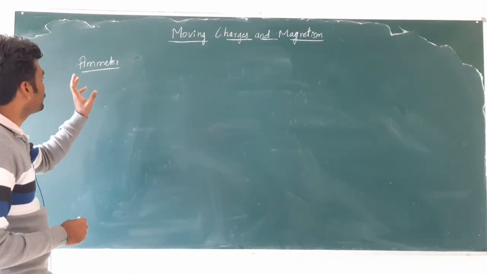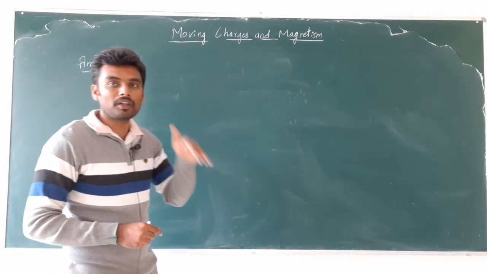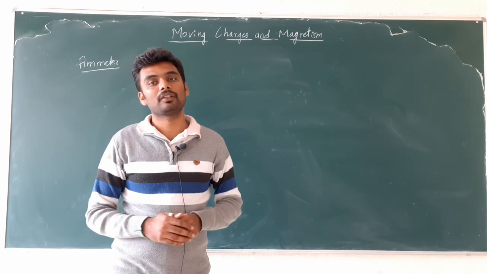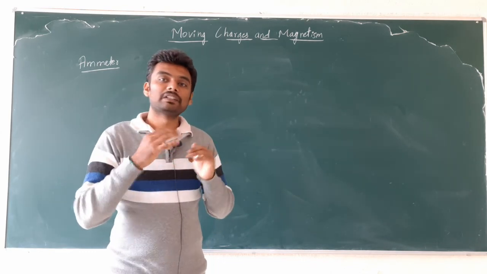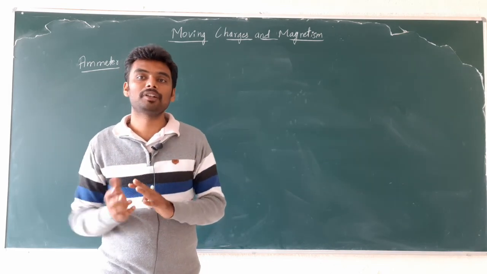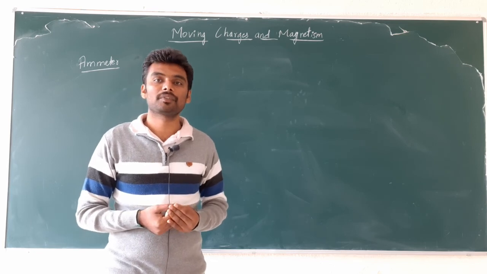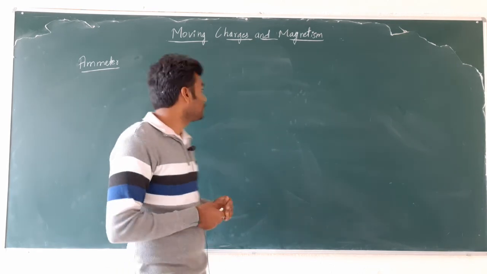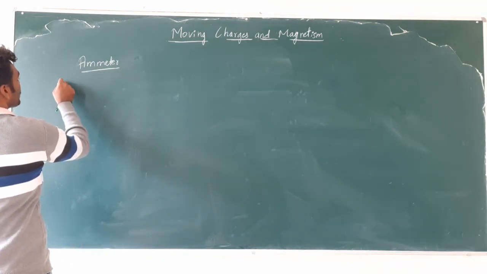The basic idea that we are going to employ here is the galvanometer itself. We will make use of a galvanometer, but we will convert that galvanometer into an ammeter. We will also convert the same galvanometer into a voltmeter, which is used to measure the potential difference. First, we will understand how to convert a galvanometer into an ammeter.